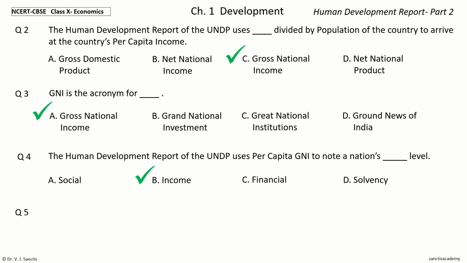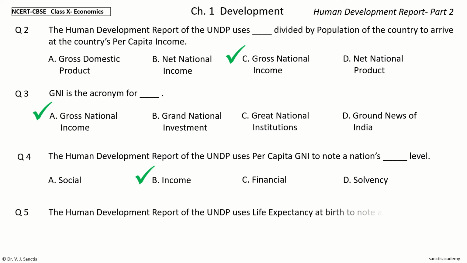Question 5. The Human Development Report of the UNDP uses life expectancy at birth to note a nation's Dash level. The options are Wealth, Stealth, Death, Health.